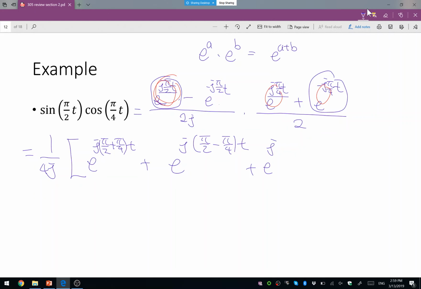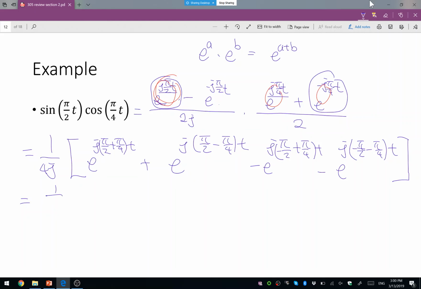This one is, because this is minus and this is plus, so this should be minus e to the power of j times minus pi over 2 plus pi over 4 t, minus e to the power of j times minus pi over 2 minus pi over 4 t. And let's simplify it a little bit.